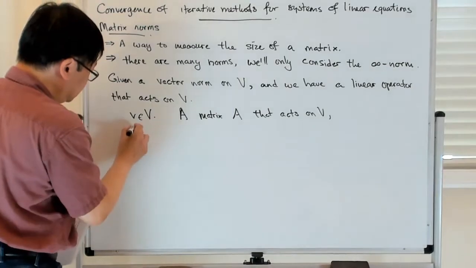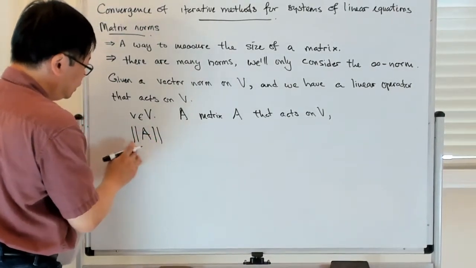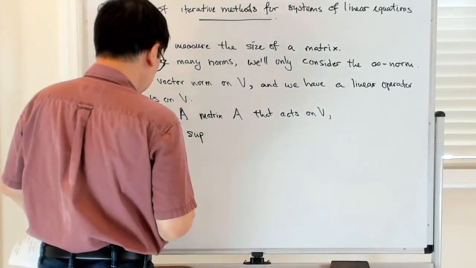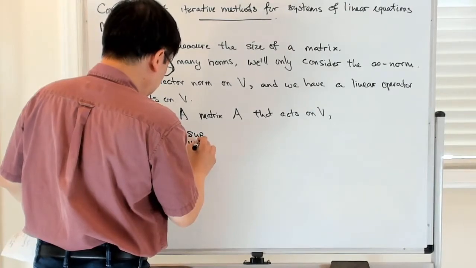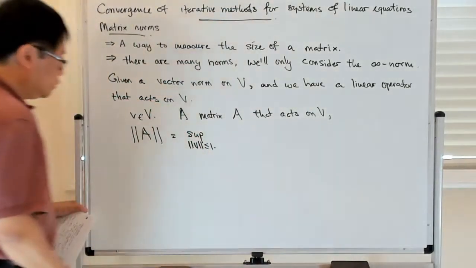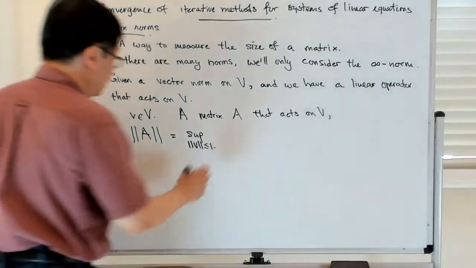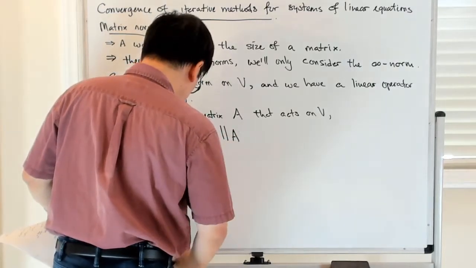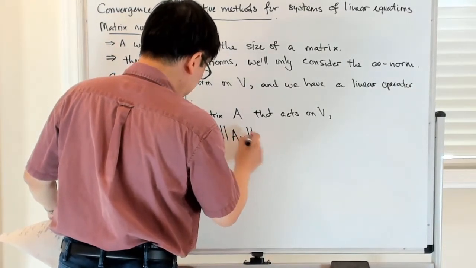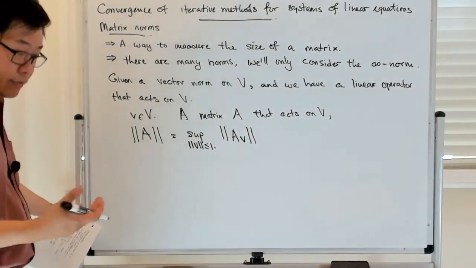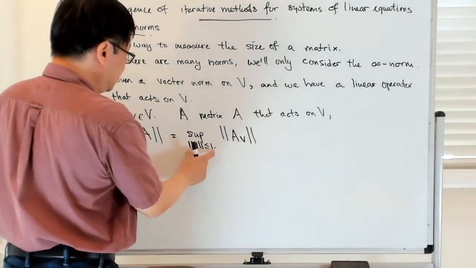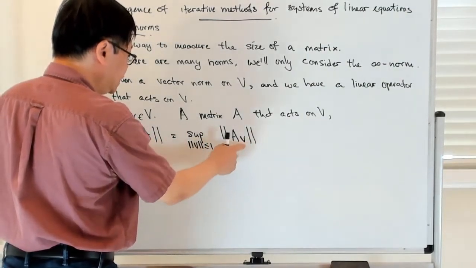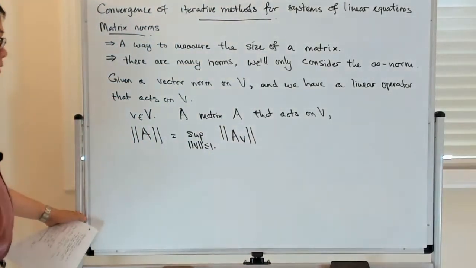One way to do this is to look at the supremum over all vectors which are less than or equal to 1 in norm, and look at the norm of A times V. A is a matrix acting on the vector V, and it gives you another vector. I can measure the size of this, and I want to find the largest norm of this subject to the condition that V starts off having norm less than or equal to 1.